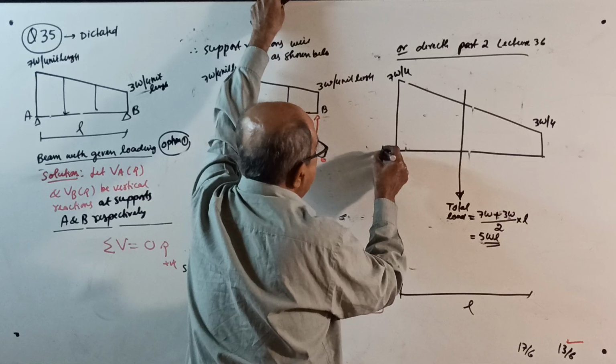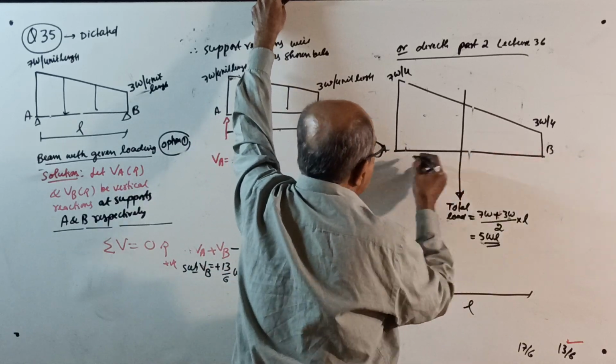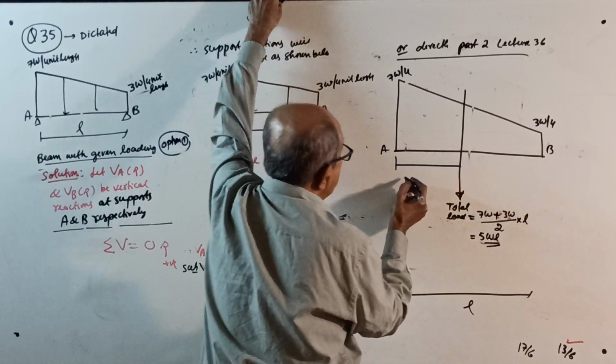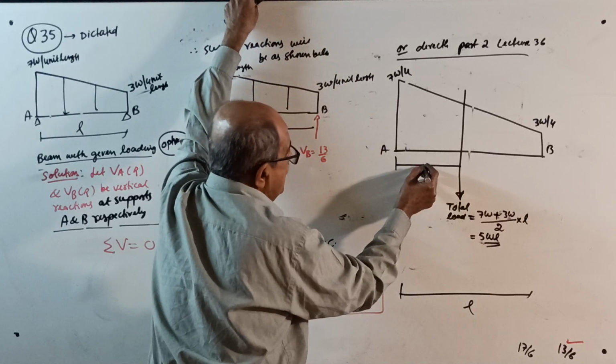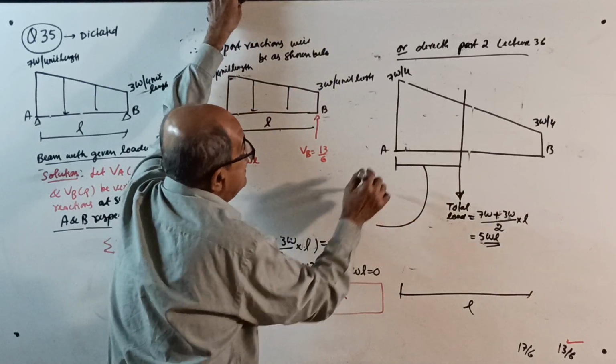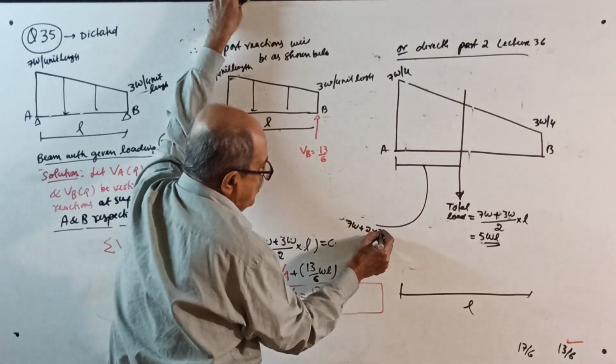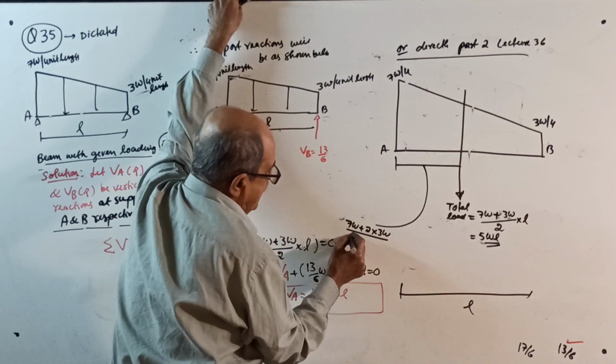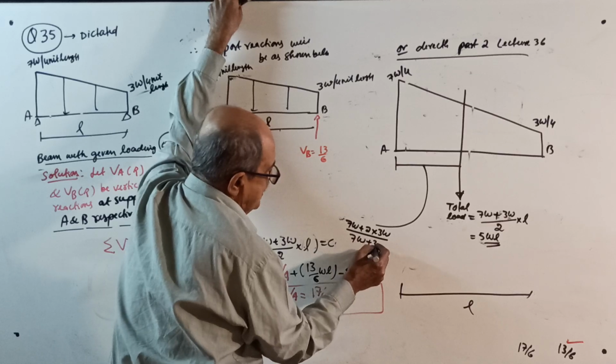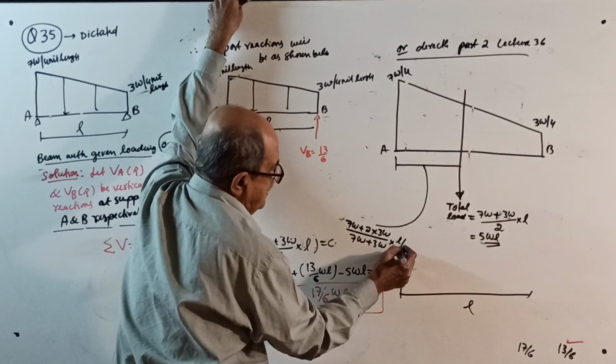Okay, now this is A, this is B. Right, what is this distance? That distance will be right here: 7W plus twice of 3W divided by 7W plus 3W into L by 3.